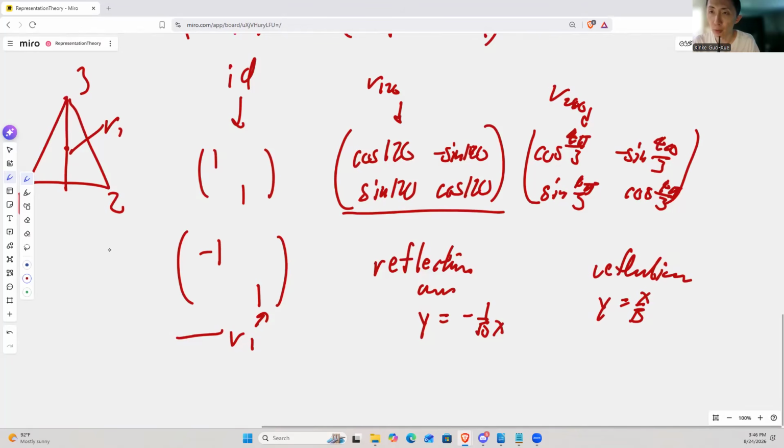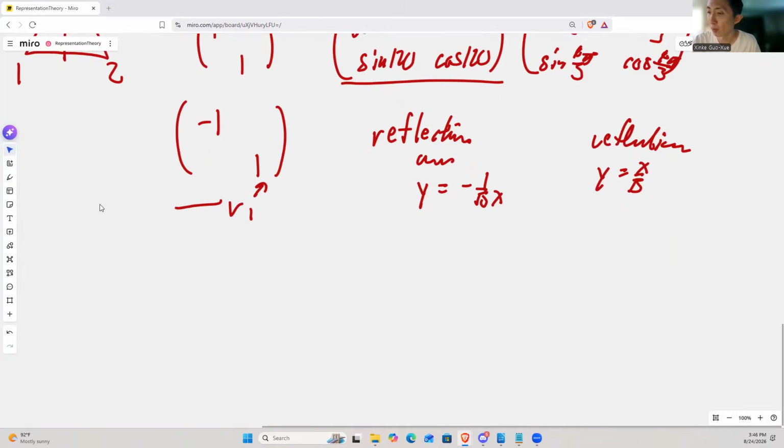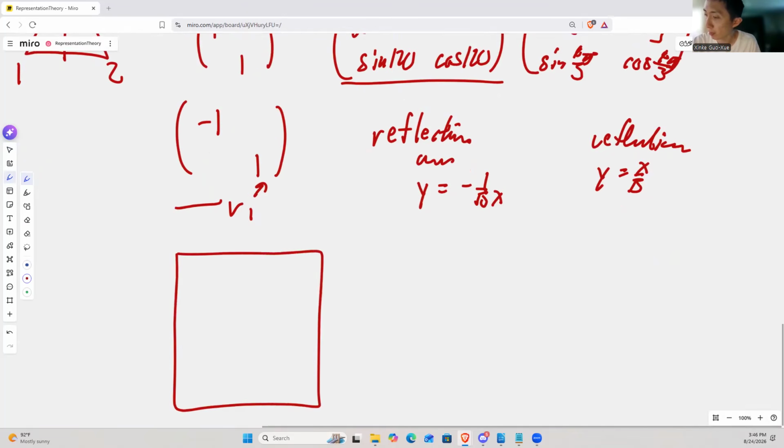If you view a group element as a matrix, then you can apply linear algebra to it. So for instance, under some conditions, every representation is a direct sum of irreducible representations.